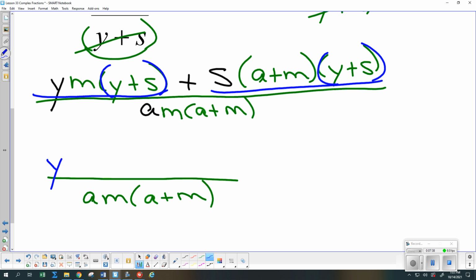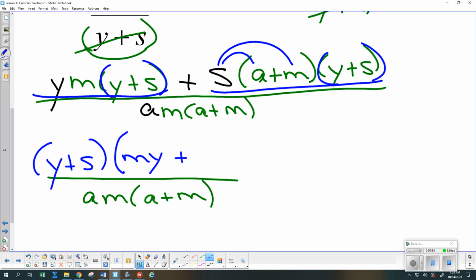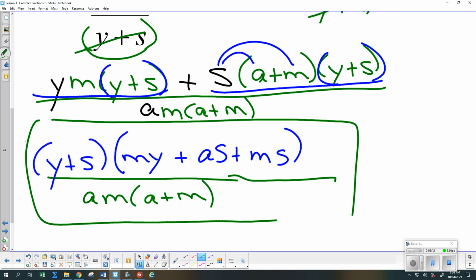So I'm going to put my y plus s out here in front, and then that leaves me my m for the first one. And for the second one, when I have the y plus s out in front, I'm just left with the s times this parentheses. So I can distribute that and say as plus ms. And is there anything else I can factor out of that parentheses that has three things in it? I don't think so. So I am finished, and that is as far as I can go with that one.